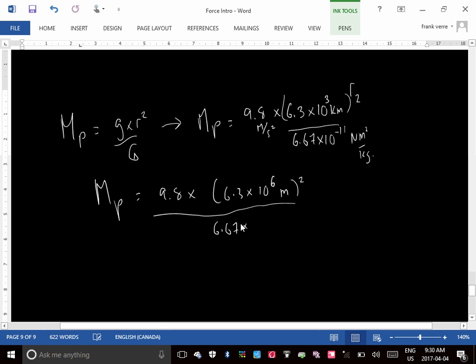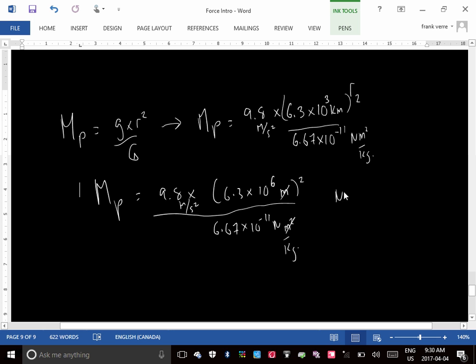One day I will learn how to draw a straight line. Now, I'm putting all the units in, but really, this is going to be meters squared. So that's going to cancel out. I have newtons, but remember what a newton is?